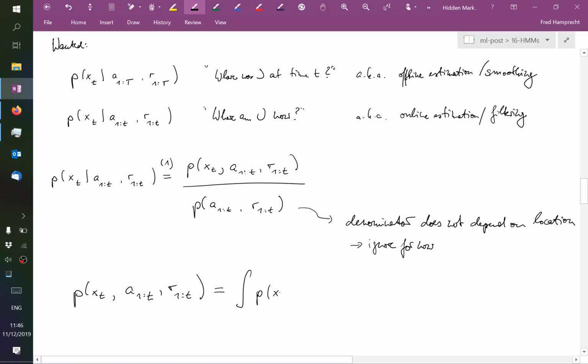So we have the probability of x_{t-1}, x_t, a_1 to t, and r_1 to t. And we marginalize out x_{t-1}. And this was from the numbered equations above. This was equation number 3, which holds in general.